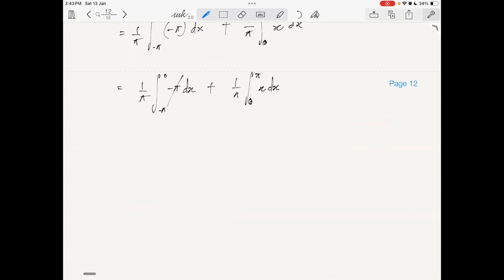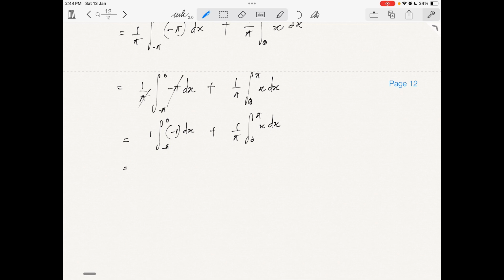Now pi can cancel out pi, so we'll be left with 1 into the integral of minus pi to 0 of minus 1 dx plus 1 over pi integral of 0 to pi of x dx.